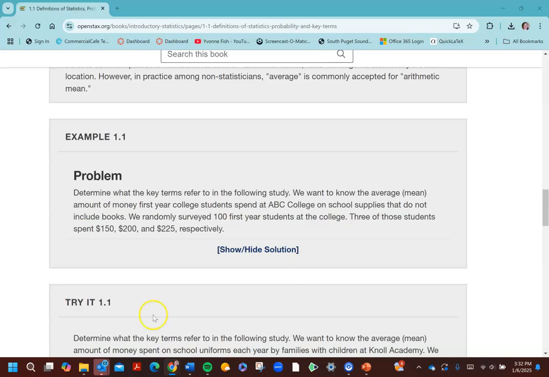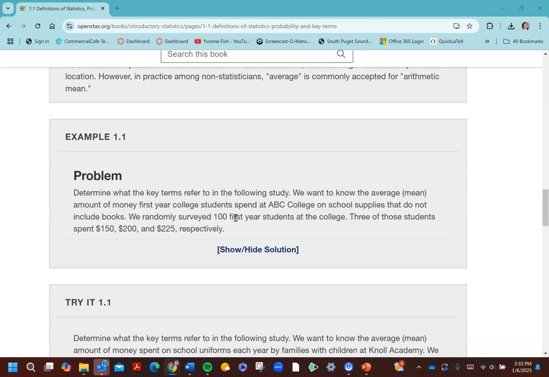So if you think about population, we are looking at first-year college students at ABC College. The population would be all of them. The sample would be those who we surveyed. I'll show this so you can see it all in a moment. The parameter would be the average all the first-year students spent from the whole population, excluding books.